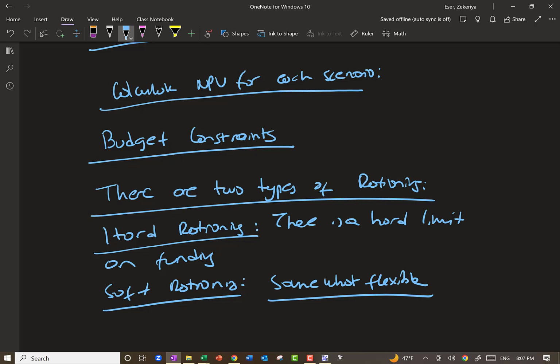When there is hard rationing, you don't necessarily use positive NPV as your decision rule. You actually fund projects that have the highest profitability index first. Remember, there is a limit to how much you can fund. So you start with projects that make the most money per dollar invested. And you go from there.